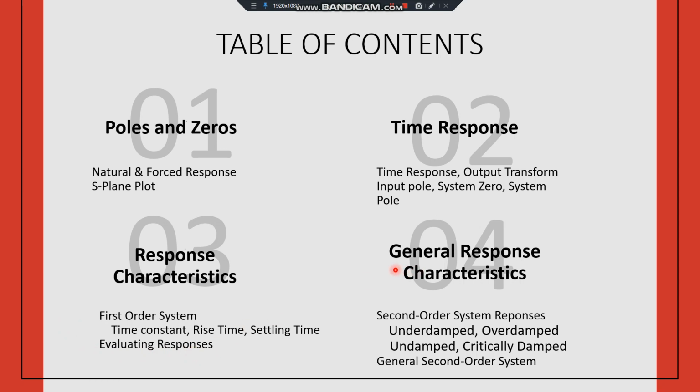Our fourth topic is general response characteristics. This time we're going to discuss the second order system. We're going to identify first the underdamped, overdamped, undamped, and critically damped second order system versus the general second order system.